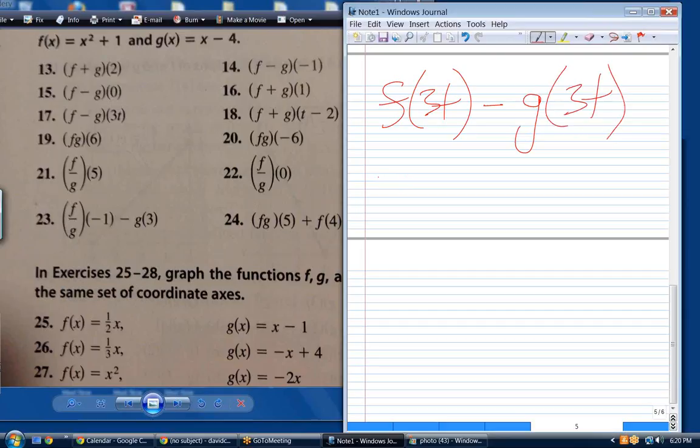What's f of 3t? It's going to be 3t squared plus 1, which is 9t squared plus 1. And what's g of 3t? Minus 3t minus 4. Be very careful about that parentheses.